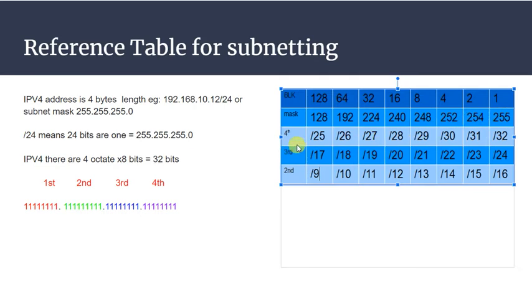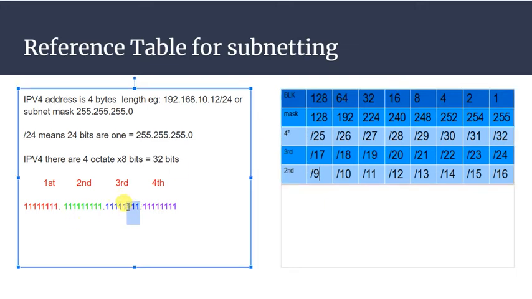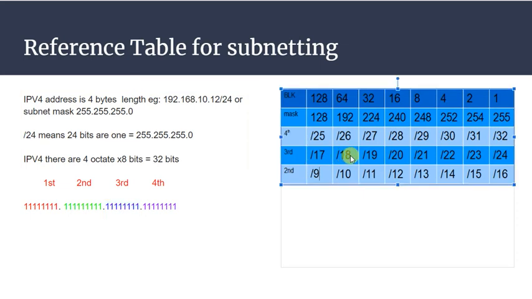Okay, then next, if you are going to be in the third octet, the same thing applies. In the third octet, if 128 is represented there, it means slash 17. You should understand that one.